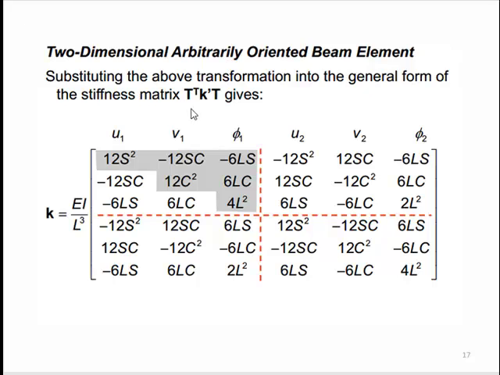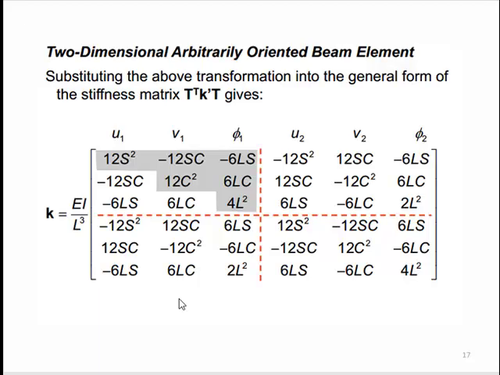When we do all of this multiplication and manipulation, we get this matrix, and the degrees of freedom are u1, v1, phi 1, u2, v2 and phi 2. Similarly, you can label the rows. So this is a 6 by 6 matrix, and this matrix is the element stiffness matrix of a beam element in terms of the global coordinate system.